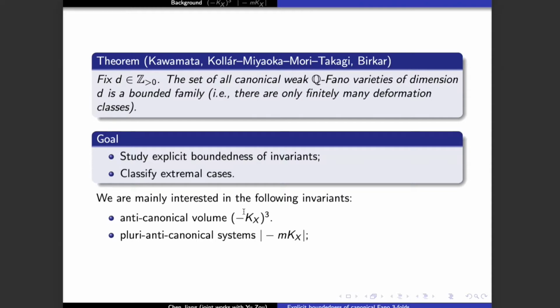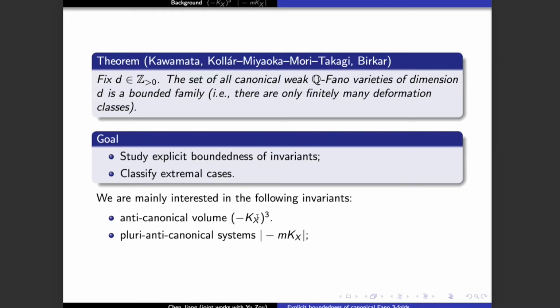So we know that, for example, this degree is a very important invariant for Fano varieties. For example, in the classification of smooth Fano threefolds, we should also study this number. Right? So when we want to classify the smooth Fano threefolds.